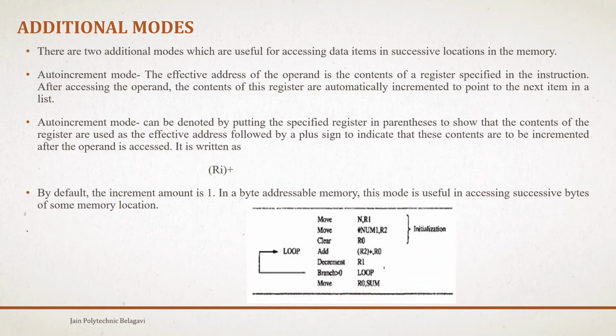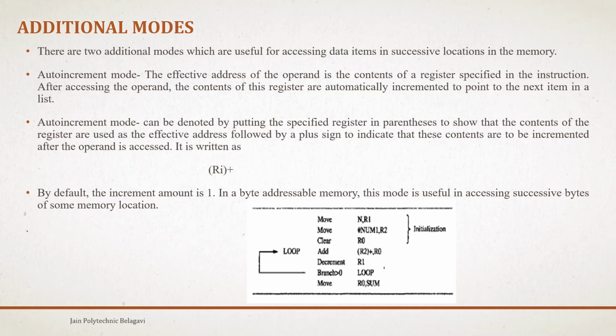As you can see in the example, it is a list of students. Suppose n stands for the number of students in the list, and it is moved into register R1. Now we are moving the address of the first number, that is present in location NUM1, into R2.